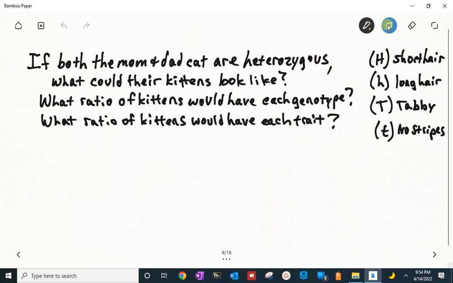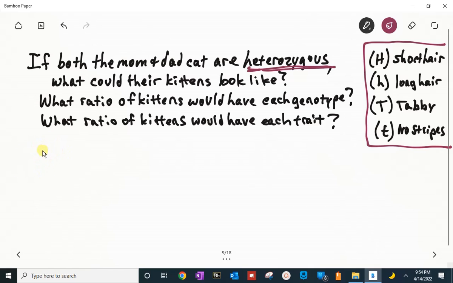Now let's try this again, but the parents have different genotypes. Here's your key. If both the mom and the dad are heterozygous, what would their kittens look like? So if they're going to be heterozygous for both of these traits, then that means they're going to have two different alleles for each gene.